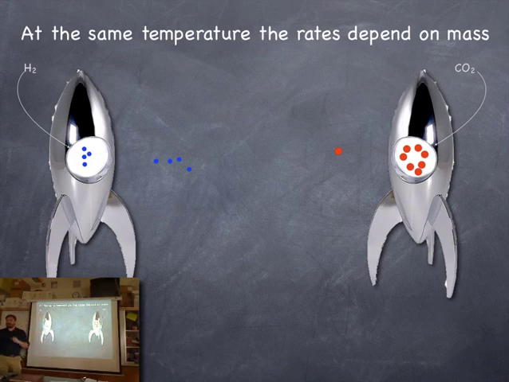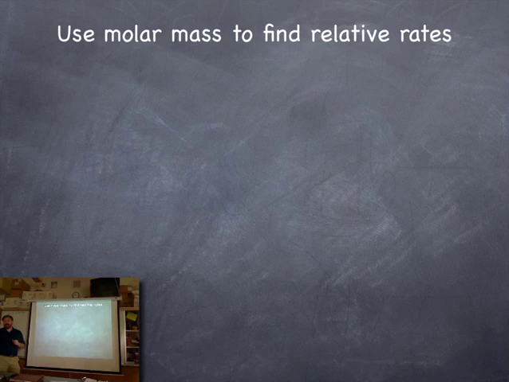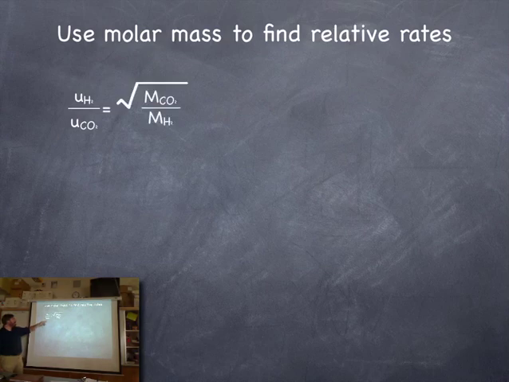We could actually calculate how much faster if we wanted to. We know the molar masses of each one. We would take the ratio, and then take the square root of that ratio. You'll have some homework problems to play with that a little bit. We have the equation from before, with our root mean square velocities and our molar masses.